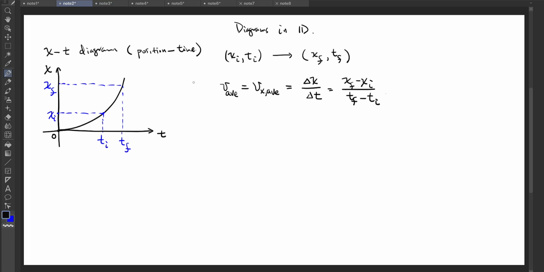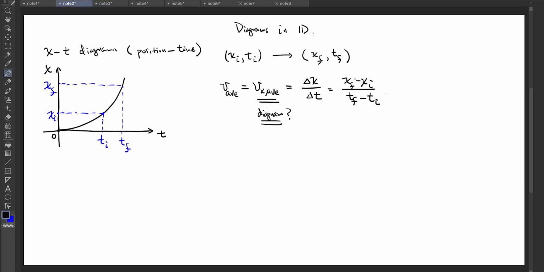So I already told you that I want to talk about the xt diagrams, some diagrams in 1D motion. So let's think about also how to represent this average velocity in the diagram. Can I represent that in the diagram? So the answer is from these two differences.